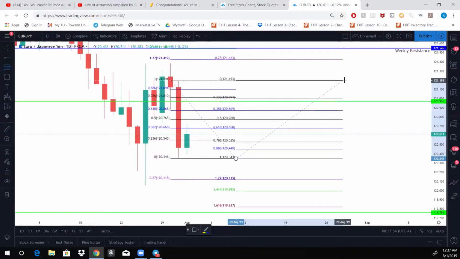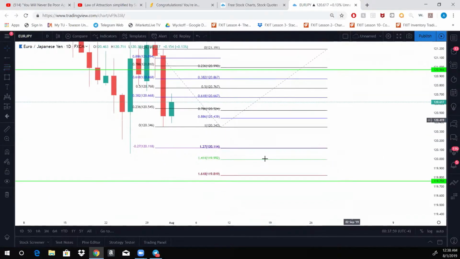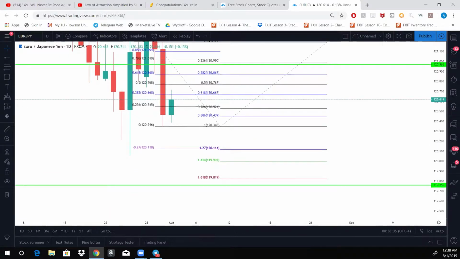So you match your high to low with the low to high, and you set it right here. And those are the fib extensions. You see 1.27, 1.414, and 1.618. So I'm very confident that this should fall right down here, at least 1.27, but possibly 1.618, because that is confluence with this next support.